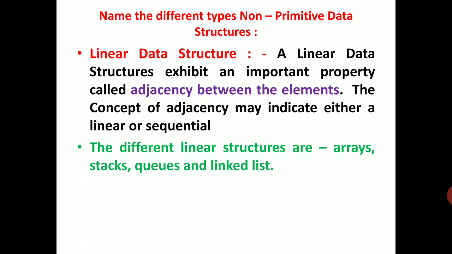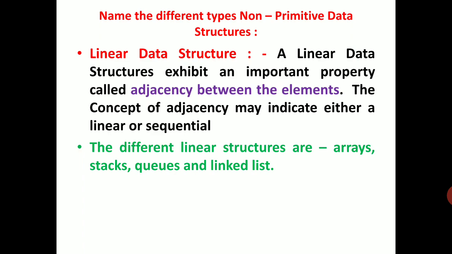The different linear data structures are arrays, stacks, queues, and linked lists. Please concentrate here: trees and graphs are non-linear. We are going to discuss only linear data structures now. Remember these four, because we are going to study them in depth in the next class.